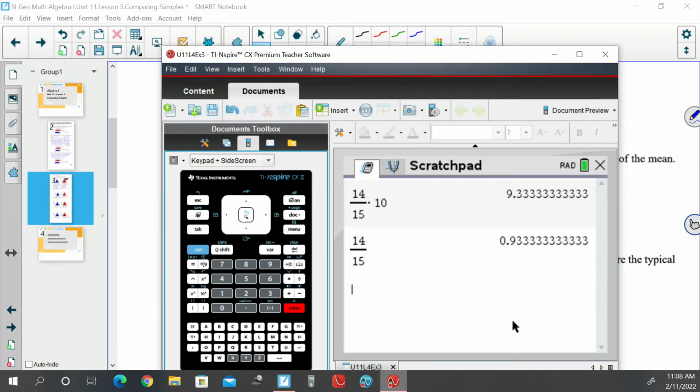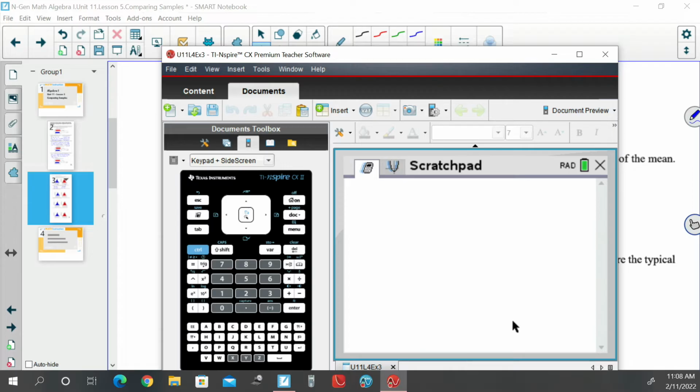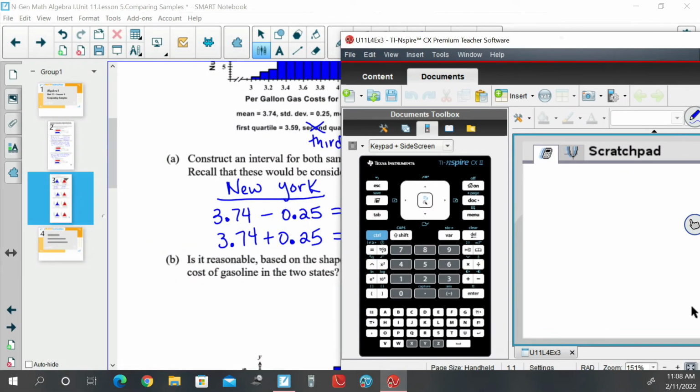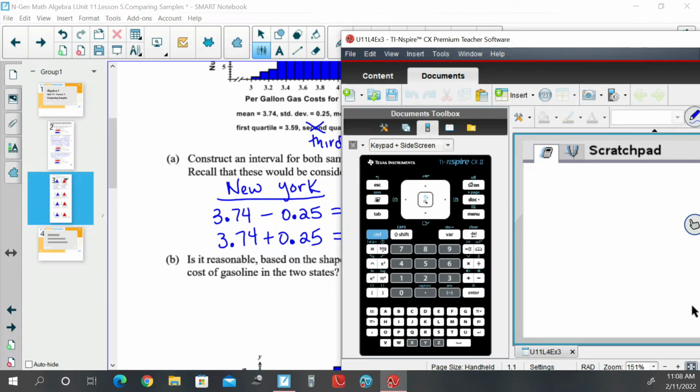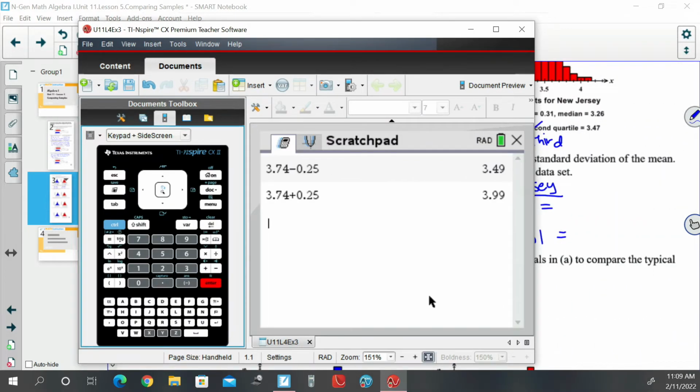Okay, let me just bail out real quick here, just clearing out my calculator a bit. All right, so we've got our 3.74 minus 0.25. And we'll get the results back on the screen in a second. Right, so I've got 3.49 to 3.99.